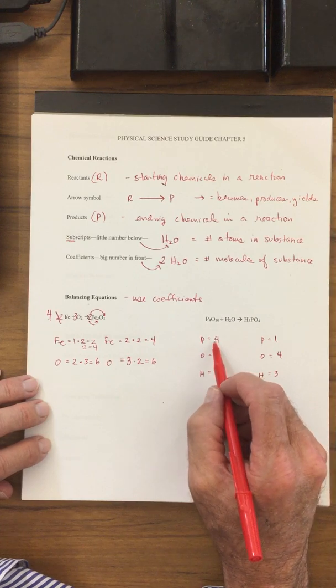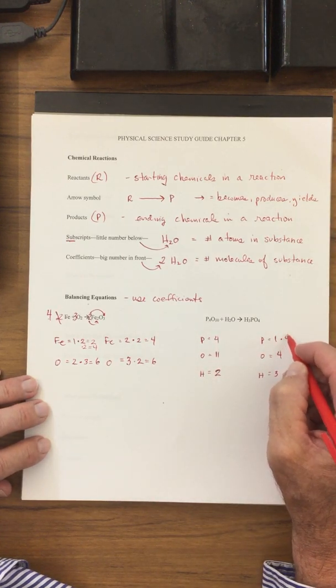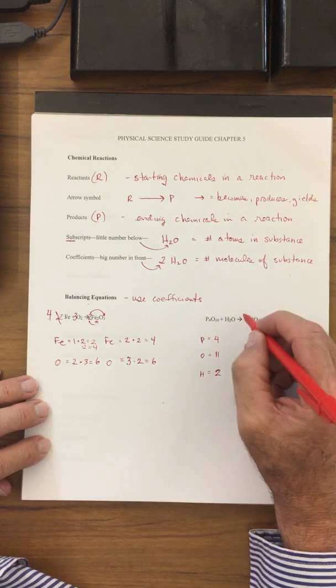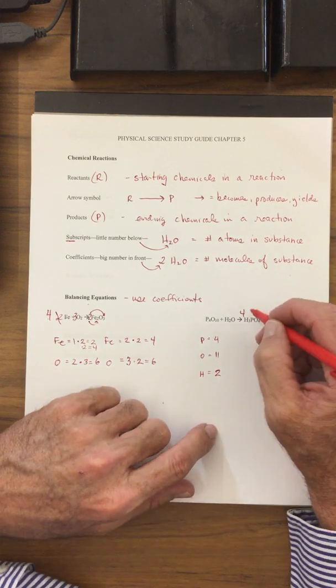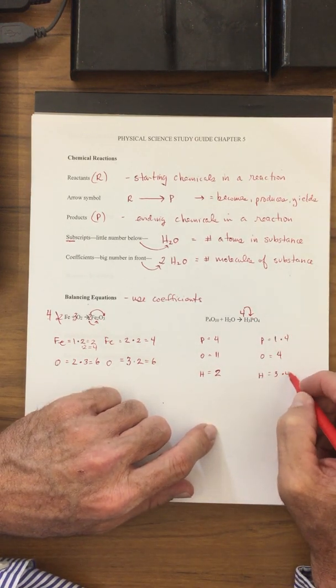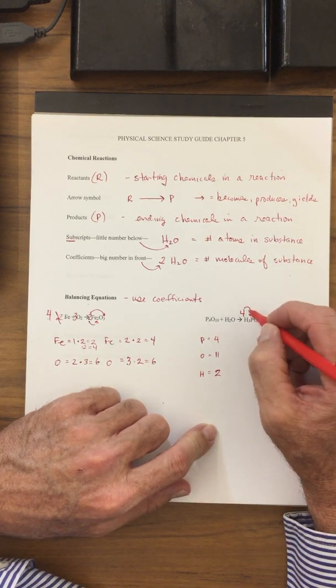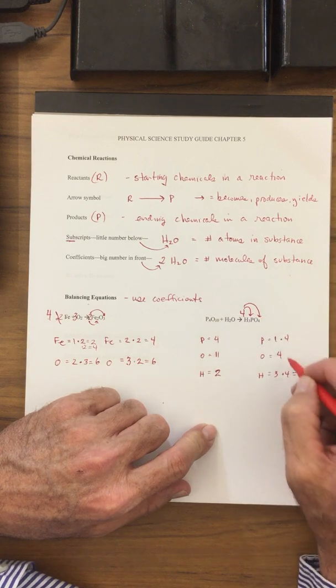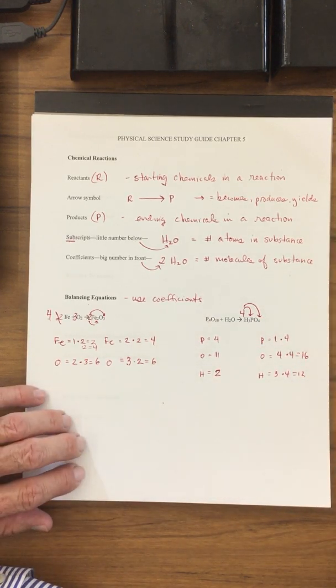Let's start with the phosphoruses. I have 4 over here, and I need to have 4 over here, so I multiply this by 4. So let's put a 4 in the front right here. This 4 also gives me 4 times 3, or 12 hydrogens. And it also gives me 4 times 4, which is 16 oxygens.